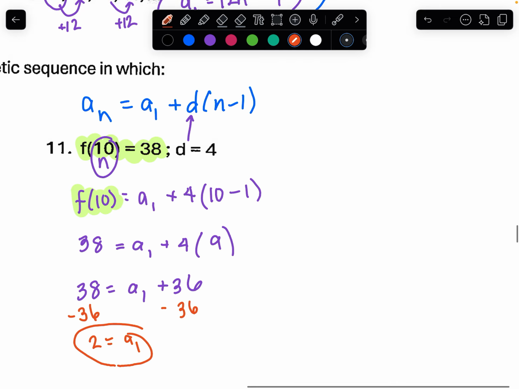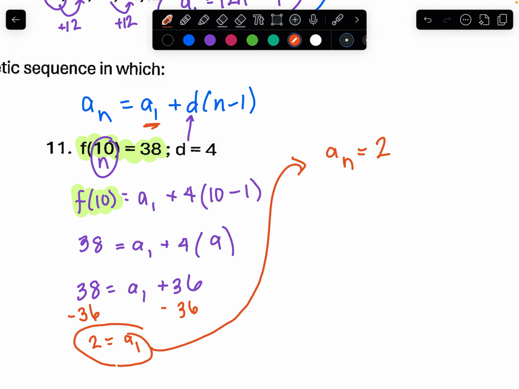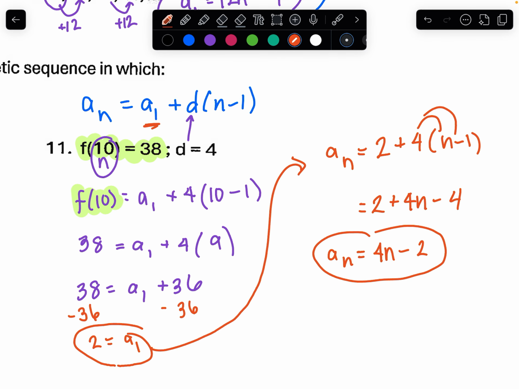We needed to know what our a sub 1 term is to write our explicit formula. We need to know where we start. So now we can write our explicit formula, distribute the 4 in to get 2 plus 4n minus 4, combining like terms to get 4n minus 2 is our explicit formula.